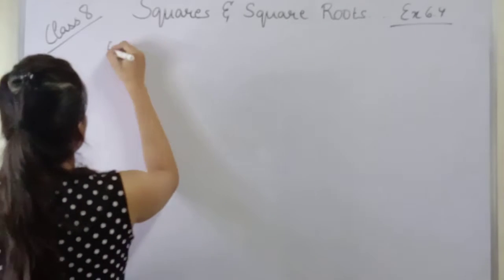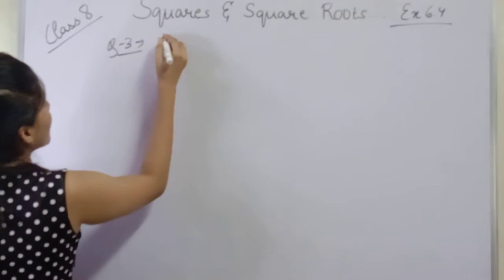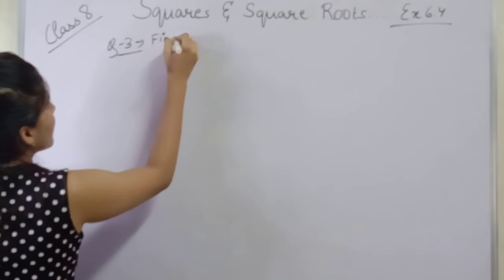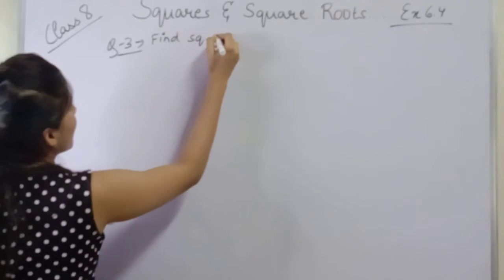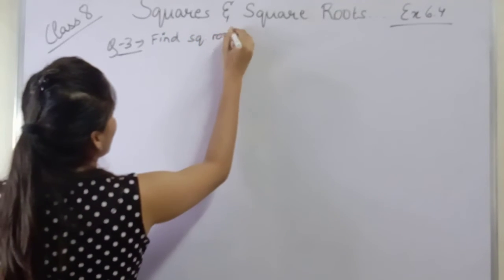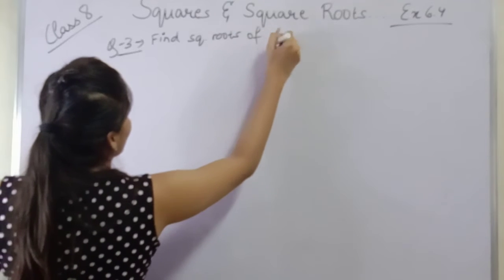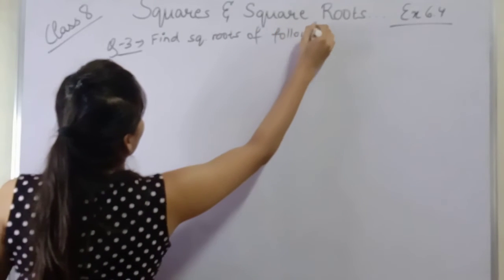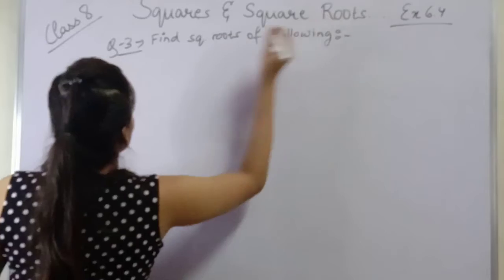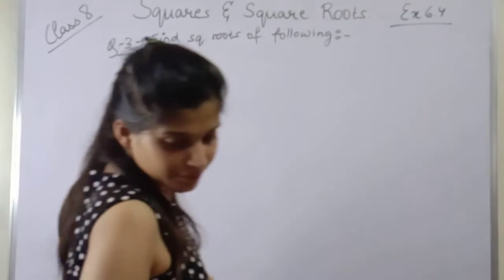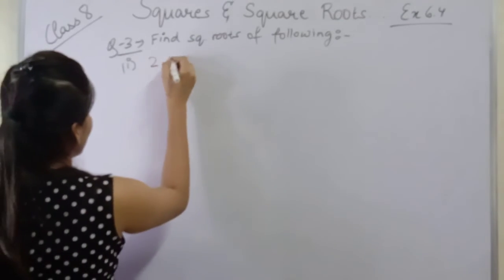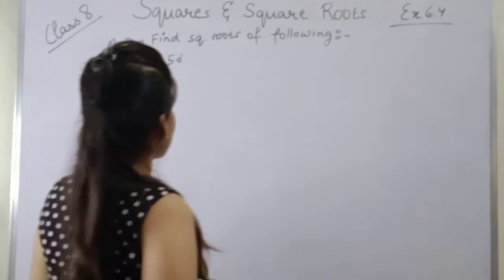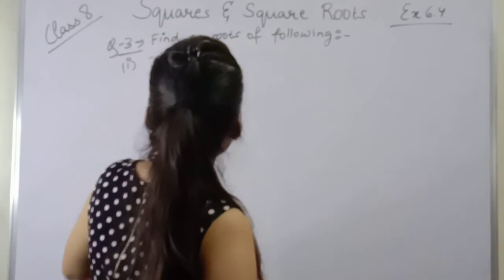Now we are given some decimal numbers. So first part is 2.56. Okay. So now we have to find the square root.